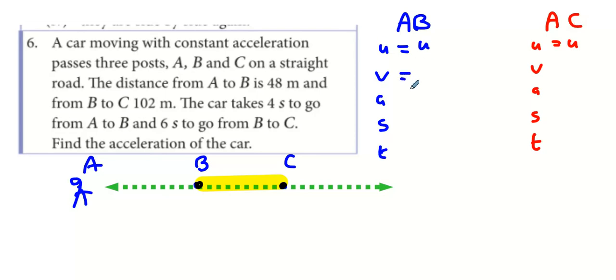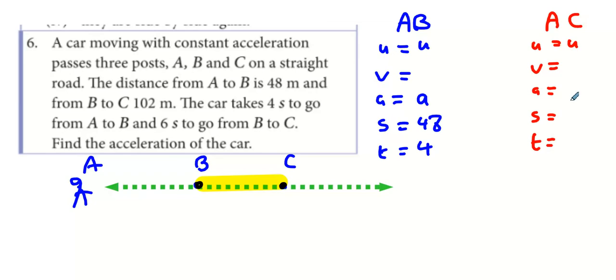V value, I don't know. Does it tell me what my acceleration is? Anything on my acceleration? No. Anything on my t value? Oh, sorry. Distance from A to B is 48. Anything for my t value? 4. A to C, guys. What you see here?